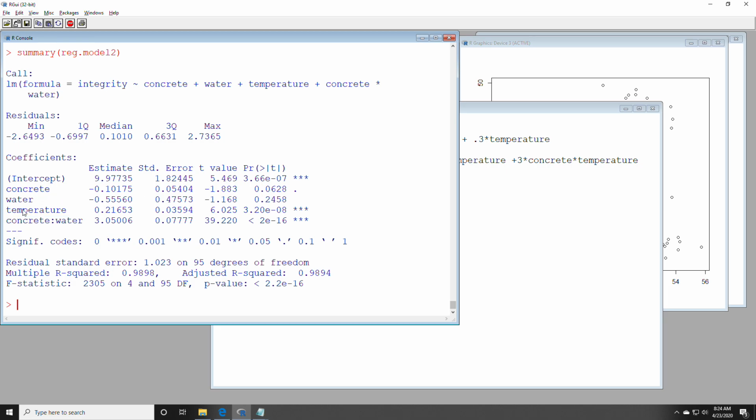Now pretend that this was a big p-value for a second, like flip those p-values. We could kick temperature out of the model because it doesn't have a higher order term. This higher order term has nothing to do with temperature. So if temperature had a big p-value, we could still kick it out of the model. But in this case, it doesn't, so everything should be kept in the model.